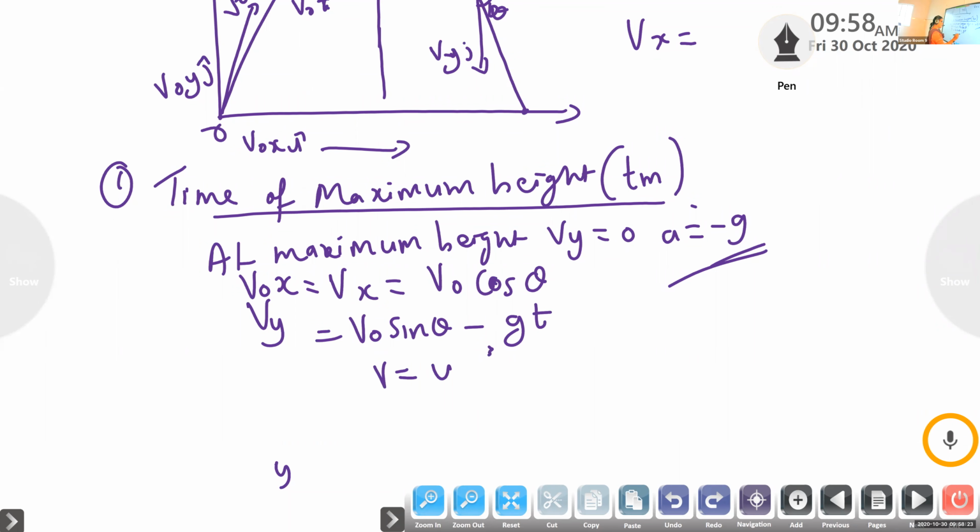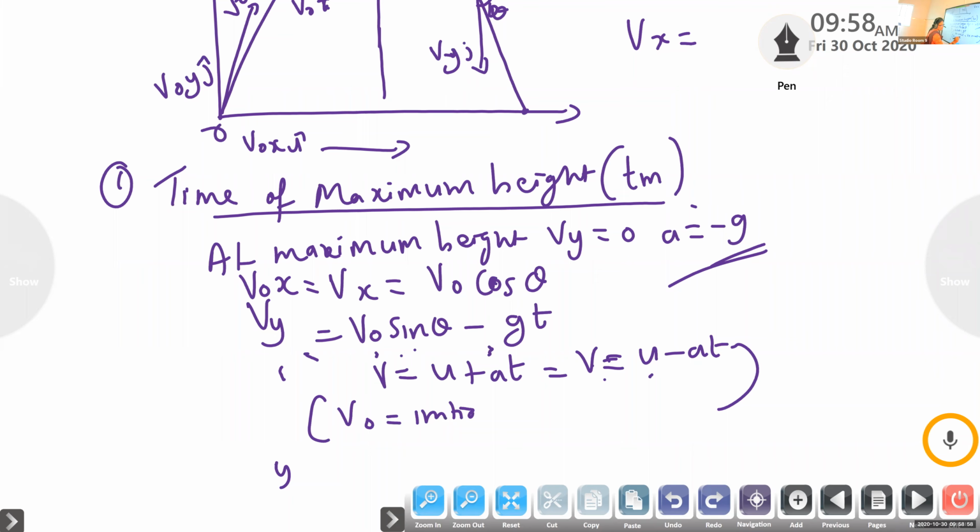We have V is equal to u plus at. When the object is moving upwards, we have learned in straight line motion V is equal to u minus at. So the same equation we are going to take into the component. Instead of V, we used Vy. Instead of u, we have used initial V0 sin theta, because we consider V0 is the initial velocity. So if you want, you can write in brackets where V0 is the initial velocity.